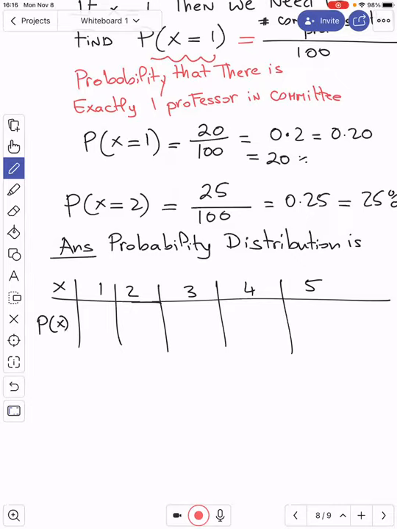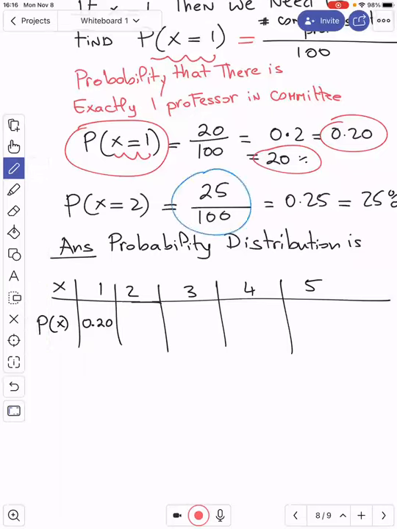So when X is 1, the probability that X is 1, to have exactly 1 professor in the committee, is 20%, or 0.2, or 0.20. So here we're going to have 0.20 or 20%, up to you guys. When X is 2, we said there are 25 committees with exactly 2 professors.